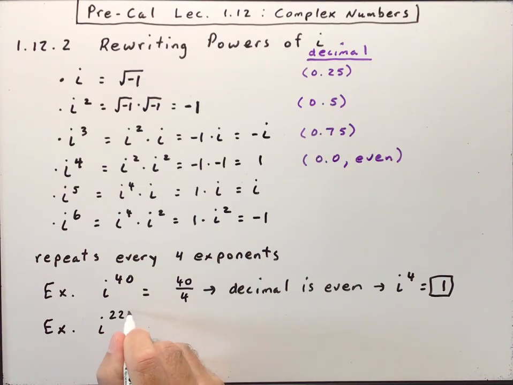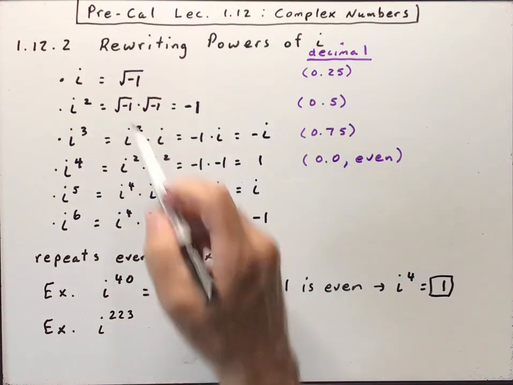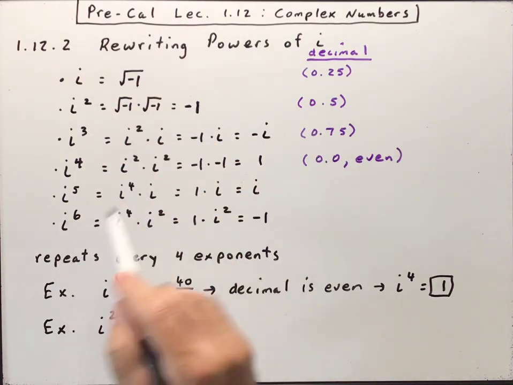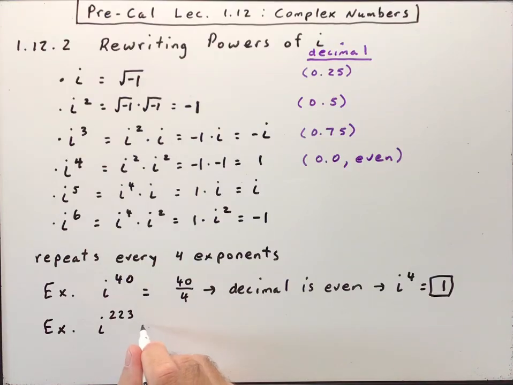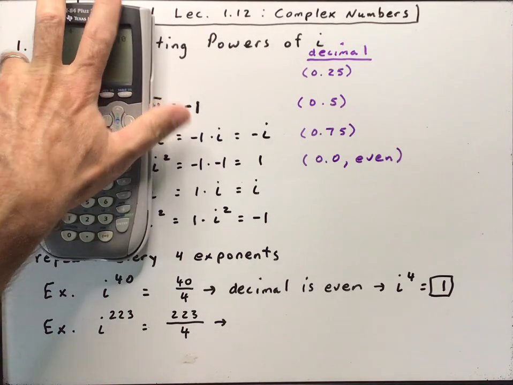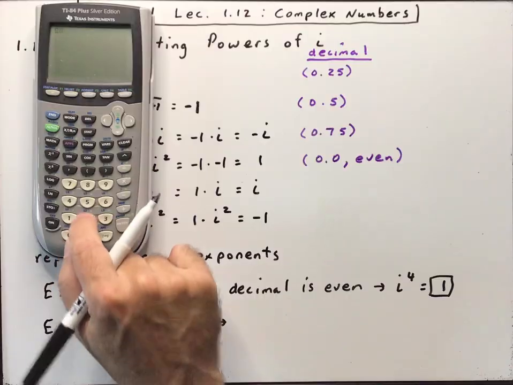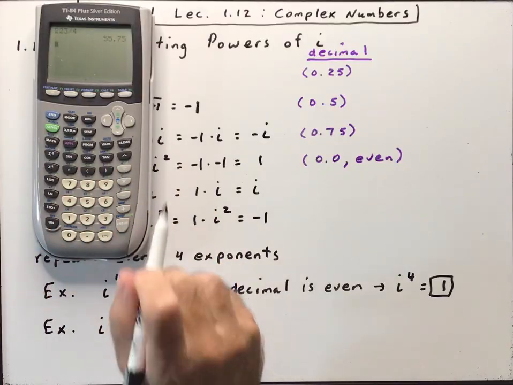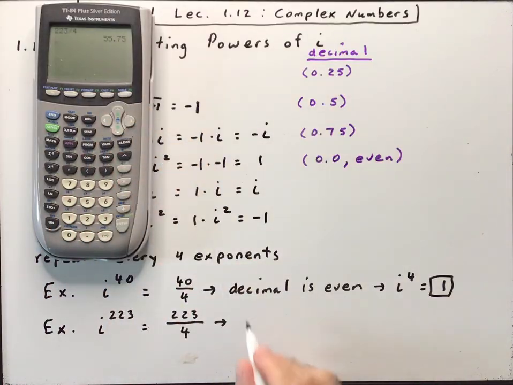So let's say we have i to the 223rd power. Goodness, you would hate to just keep going down the list again and again, right? So what I want you to do is take that 223, divide it by 4, and then let's see what the decimal is. Okay, so 223 divided by 4, the decimal is 0.75.